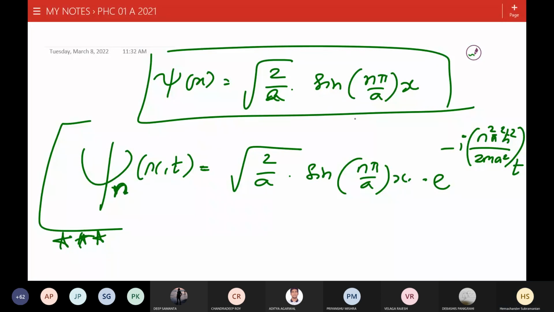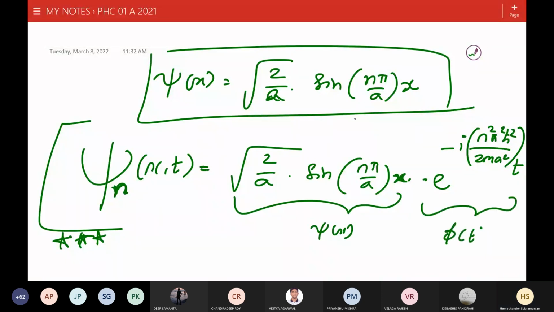Am I right? Yes, sir. Are you guys with me still? Yes, sir. So I just multiplied psi of x and phi of t. We started off by separating them, found the solutions individually for each of them, and multiplied them back together to get the full wave function. Simple, right? So far, okay?